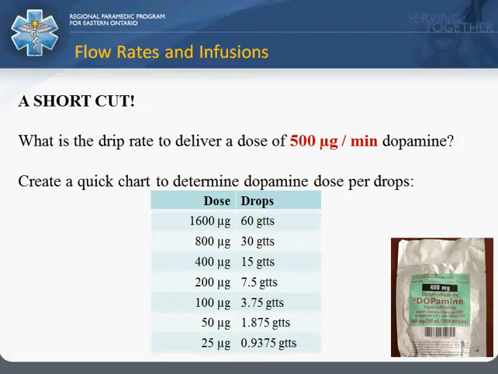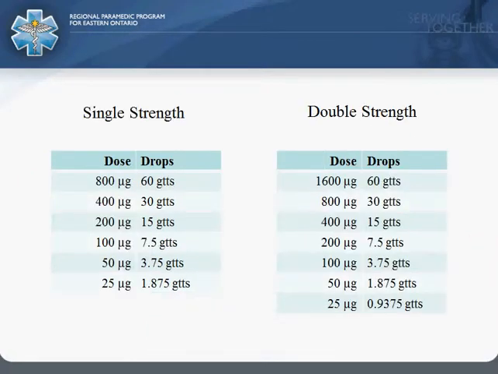I'm going to carry on though. I've created my chart. Now I can gather up and create any dose I want, and all I need to do is add up the drops to get there. You can do this for single strength or double strength dopamine. The chart is different, obviously.